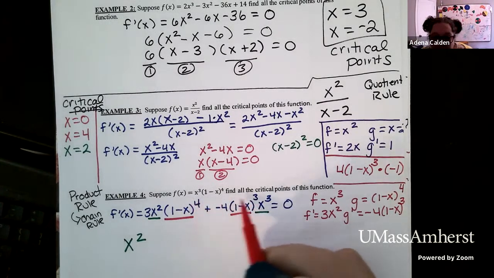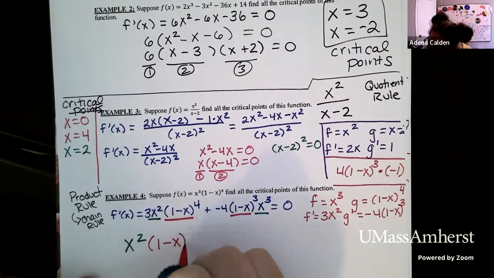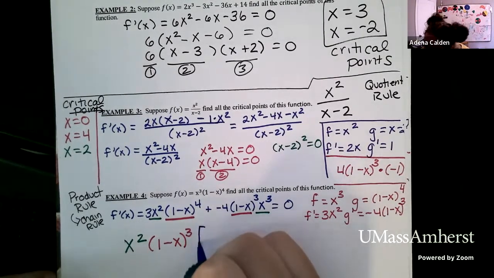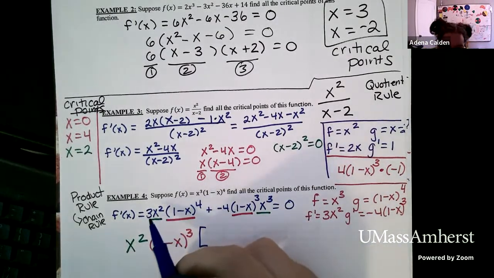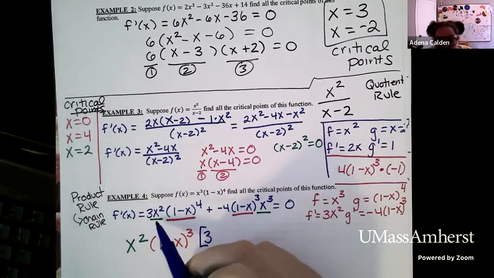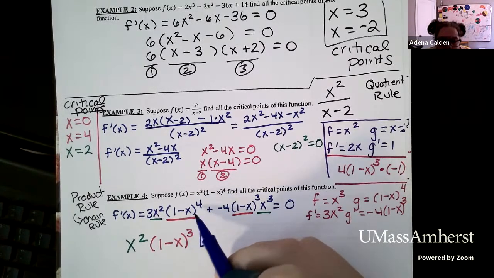So this one has a power of 4. This one has a power of 3. So I have 1 minus x cubed. I take the lower power. And now that I've pulled those out, I have to see what's left. So from the first term, I still have my 3 because I didn't pull out any constants. I took out the entire x squared, and I took out 3 from the 4 1 minus x terms.